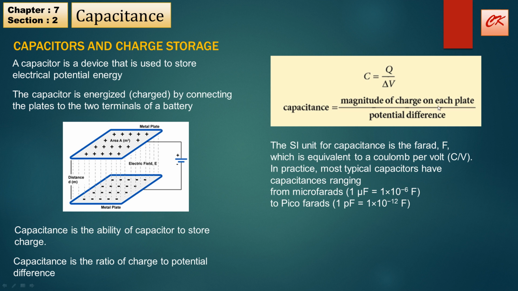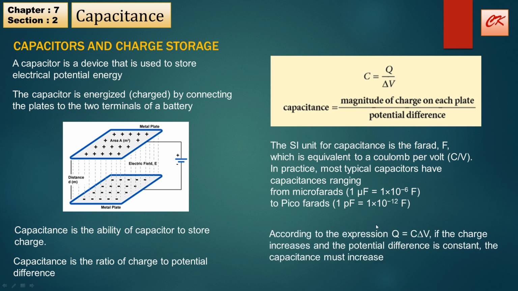In practice, as you see here, charge is in coulombs and potential difference is in volts, so capacitance will be coulomb per volt. Of course, it has many subunits, especially microfarads and picofarads are used. Most capacitors exist between these two values.